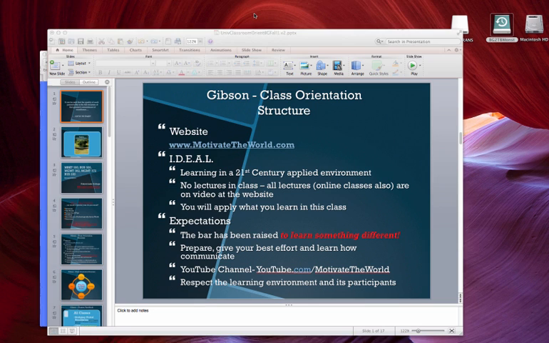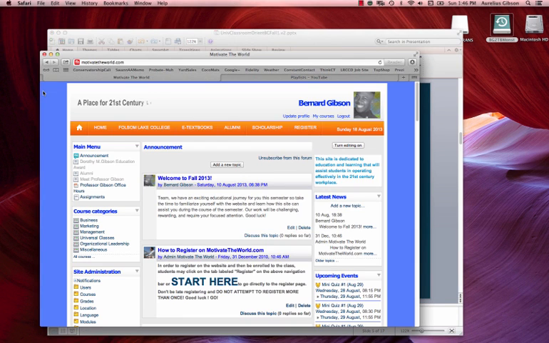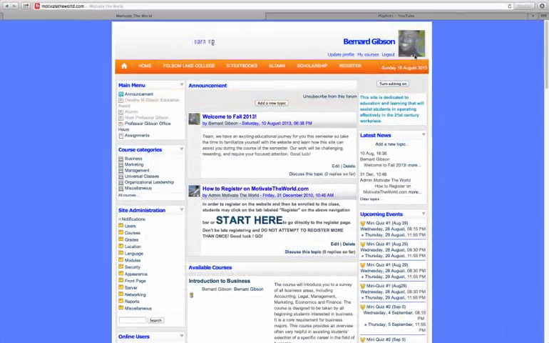Let me shift screens for a second and give you some visual on Motivate the World and an idea of how that's set up for you. As we go to the large screen, if you need to enlarge it a little to get a broader perspective, you can do that. On the left, you can see where my cursor's going.